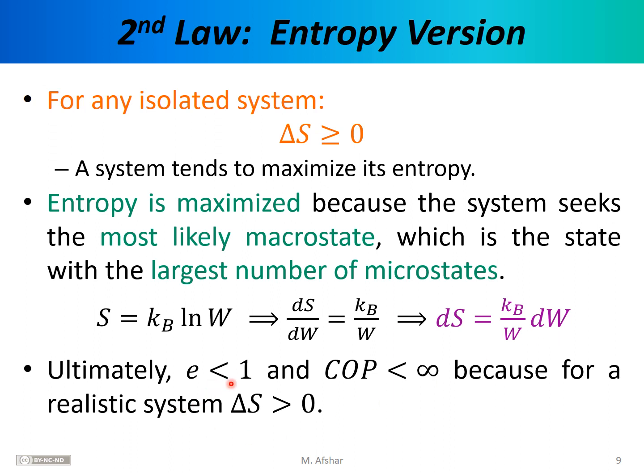Ultimately, the reason that the efficiency of a heat engine is less than 1, or the coefficient of performance of a heat pump is less than infinity, is because for realistic systems, delta S is greater than 0. For realistic systems, the system is always moving towards a macrostate that encompasses a greater number of microstates. This last statement is not obvious, but it is nonetheless true.